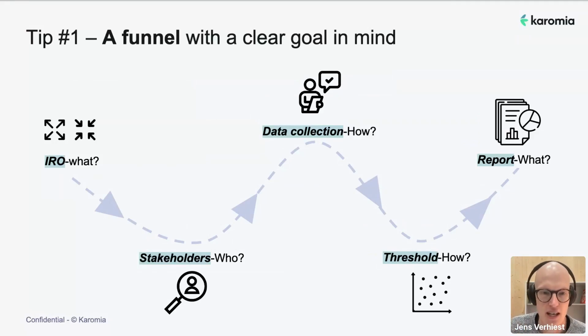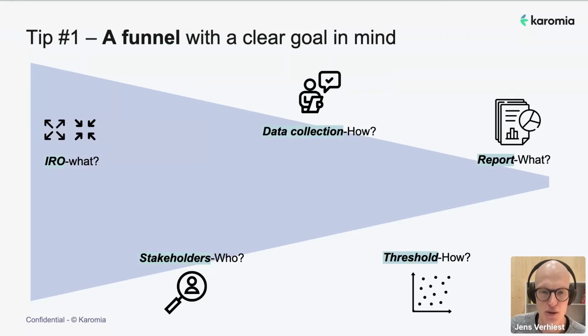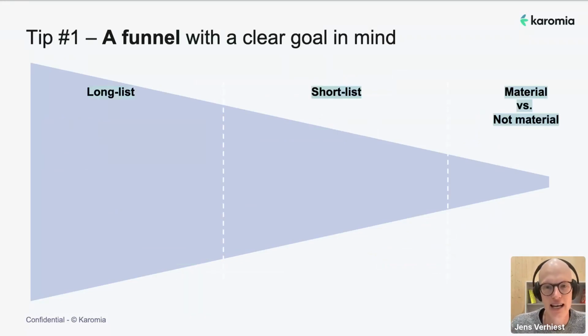It is a process where, in the end, you expect to see a list of material topics that will define the scope of your CSRD report. That funnel typically has, in our view, three different phases. You start with a long list, you go to a short list, and then in the end, you will know what is material and what's not material for your business.